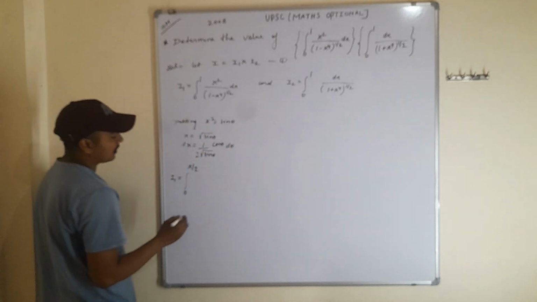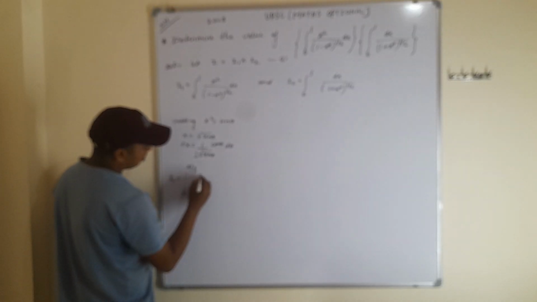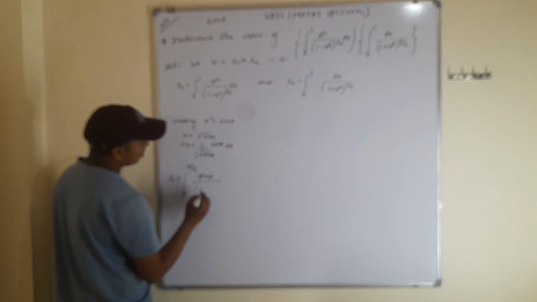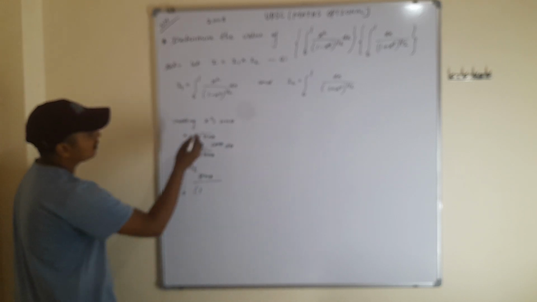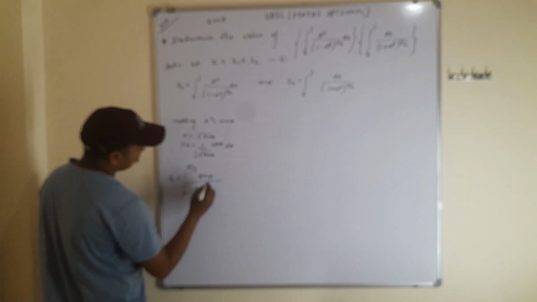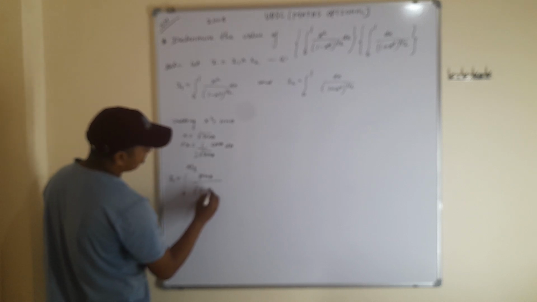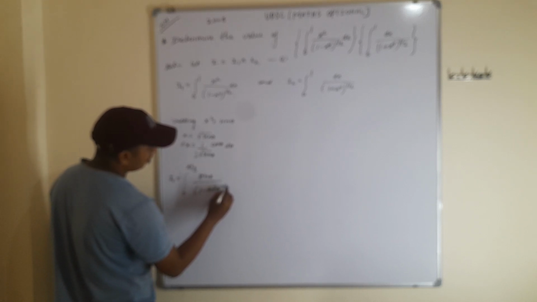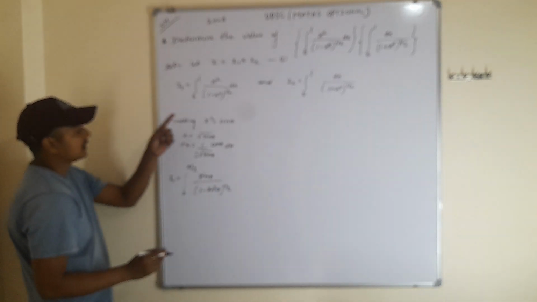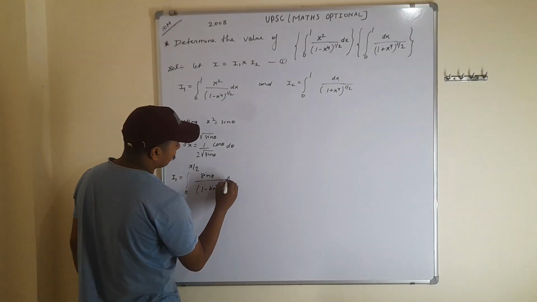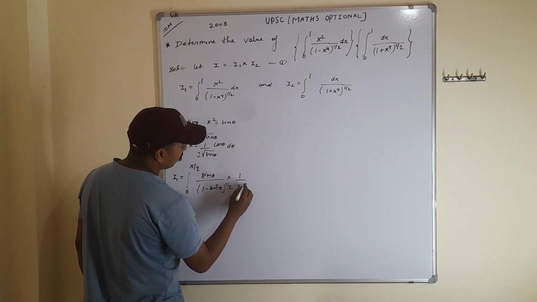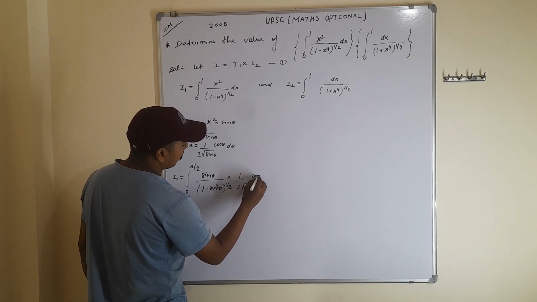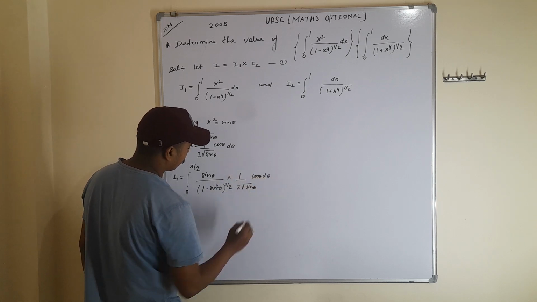In place of x squared, putting sin theta, so 1 minus x to the power 4 becomes 1 minus sin squared theta, to the power 1 by 2, and in place of dx we write 1 by 2 root sin theta cos theta d theta.